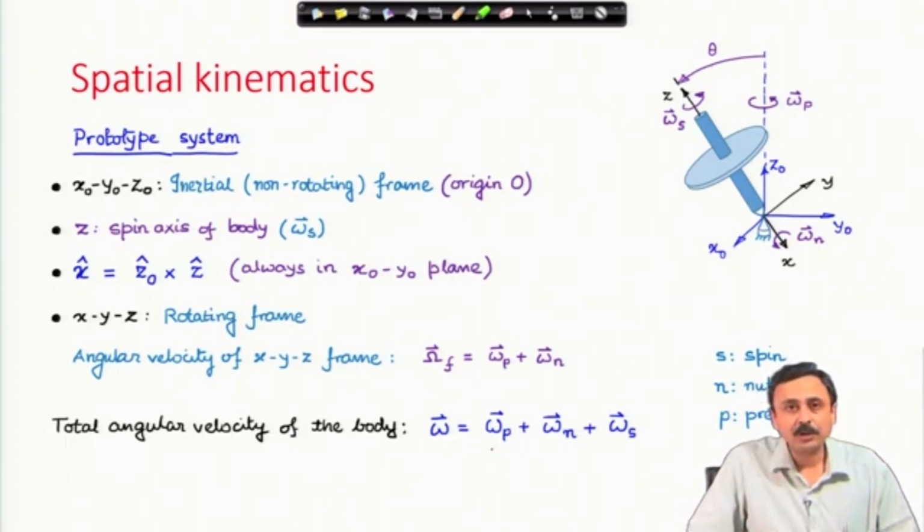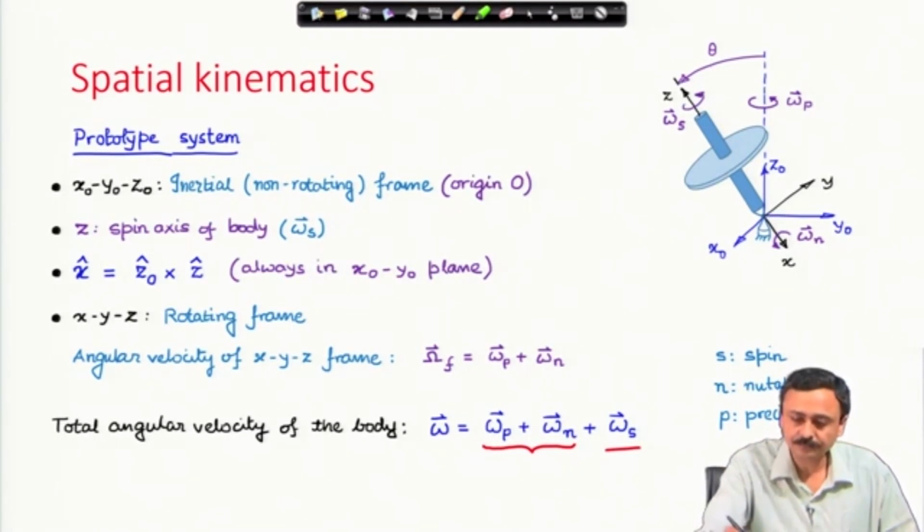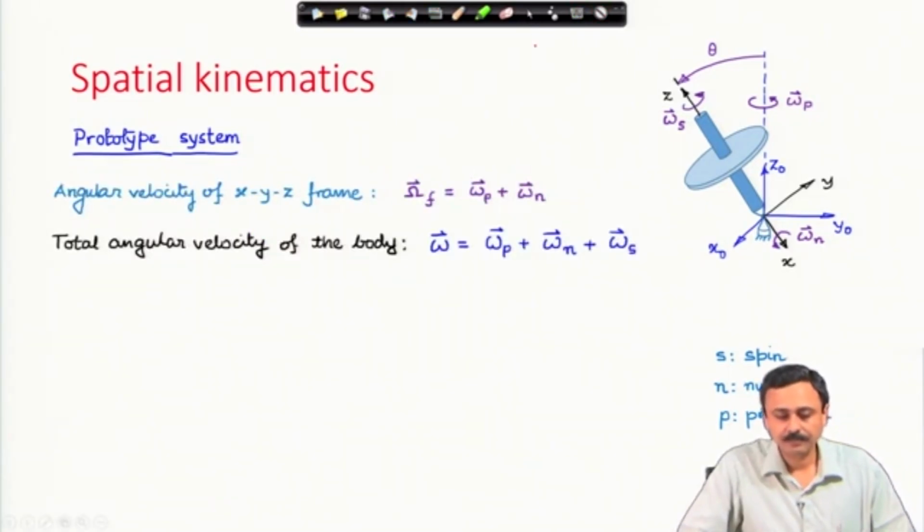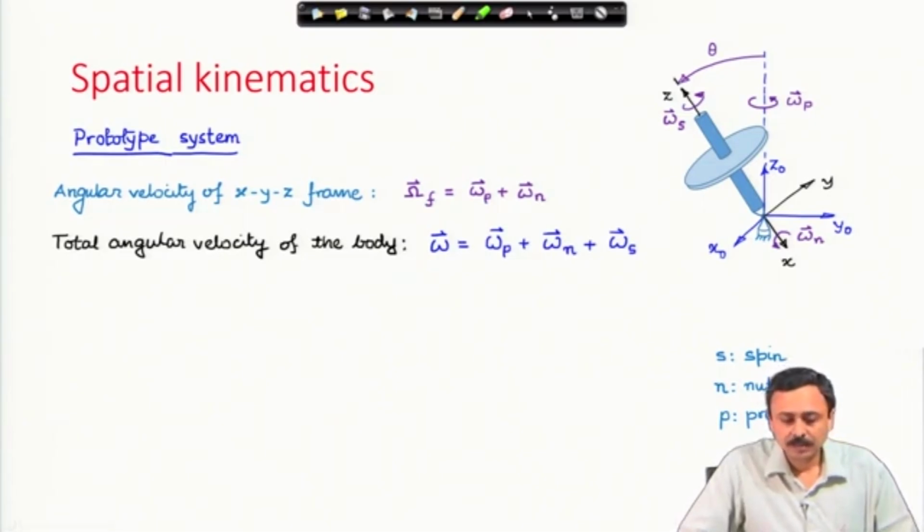The absolute angular velocity of the body, therefore, is the angular velocity of the frame plus the angular velocity of the spin. Here I have written out these two angular velocities. One is of the frame, which is omega p plus omega n vectors, and the total angular velocity of the body, which is omega p plus omega n plus omega spin.